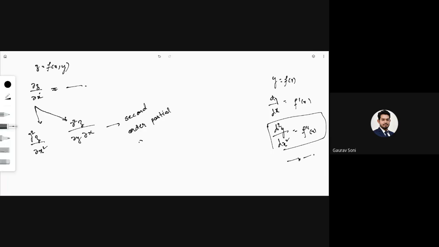Are these the only cases, or can there be something else too? Are there any other second order partial derivative cases, or is that the end?